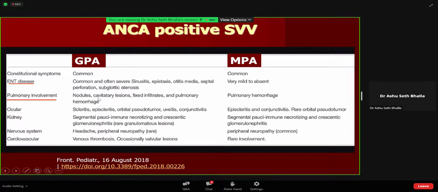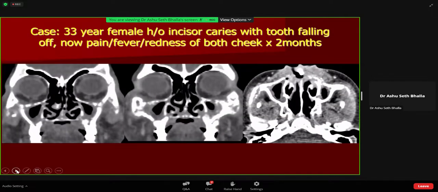On the other hand, in the lung, nodules and cavitating lesions are more common in GPA, whereas in MPA the prototype is pulmonary hemorrhage, and recurrent pulmonary hemorrhage results in an ILD also, which is seen in MPA more frequently. So this is a characteristic difference between the two.